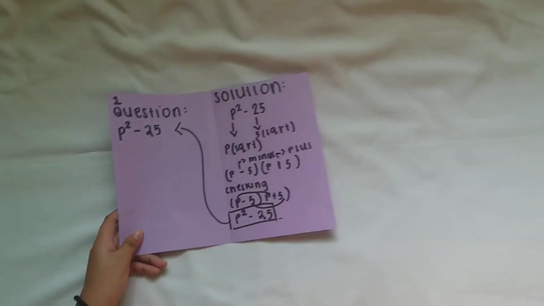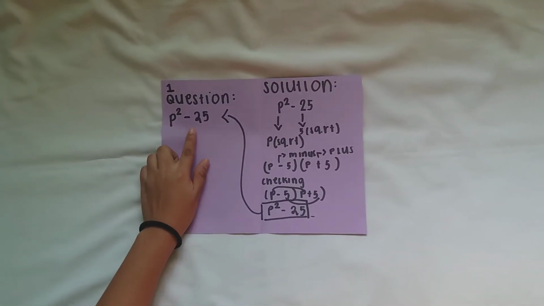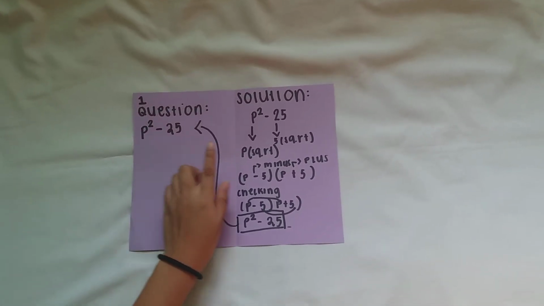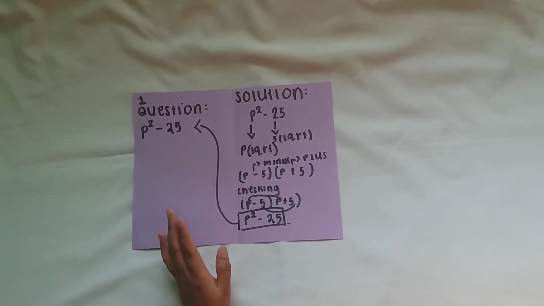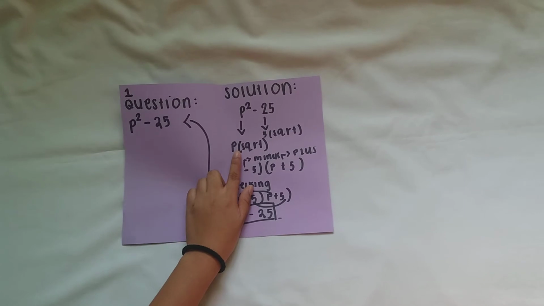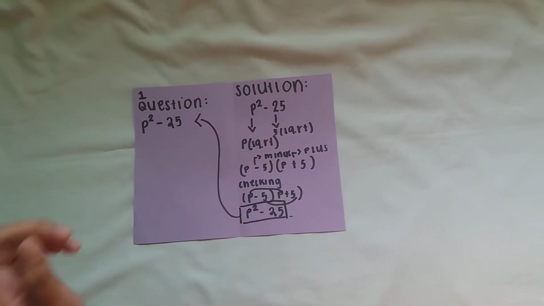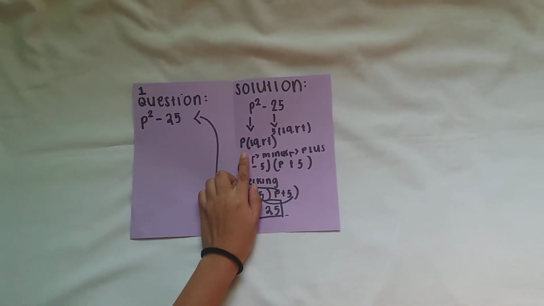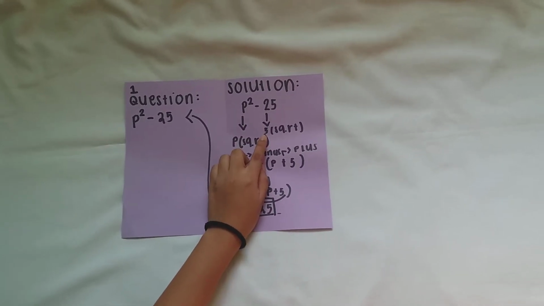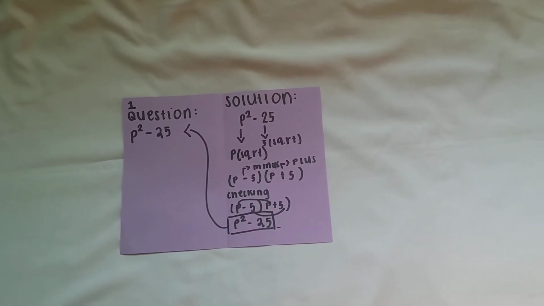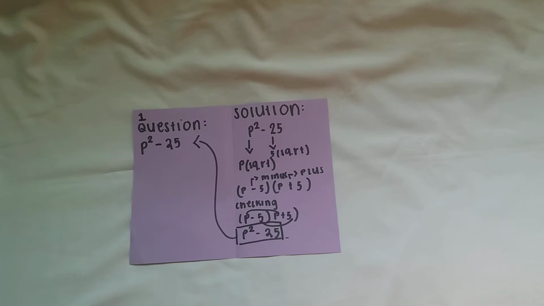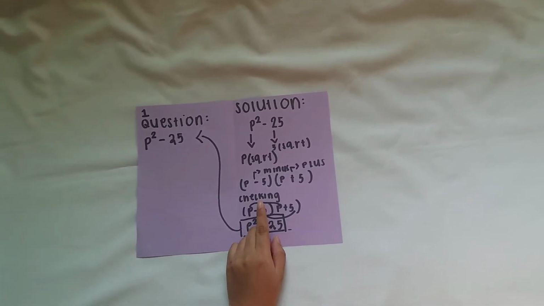The first example is p squared minus 25. The first thing you are going to do is find the square root of p squared minus 25. The square root of p squared is p, the square root of 25 is 5. Like I said a while ago, difference of two squares consists of two parentheses.